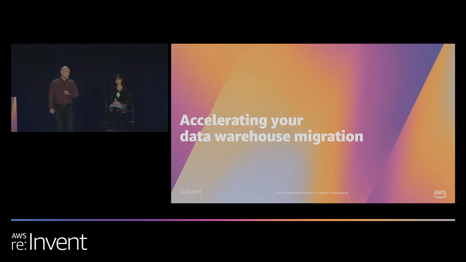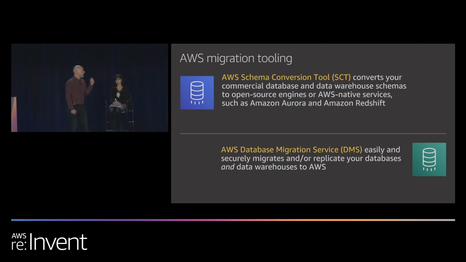So I am going to talk to you guys a little bit about some other supplementary services and pieces that we have that can help accelerate your workloads. The first one here is SCT, or Schema Conversion Tool. SCT is a standalone application that you can download and install on your laptop, your desktop, even on an EC2 instance.